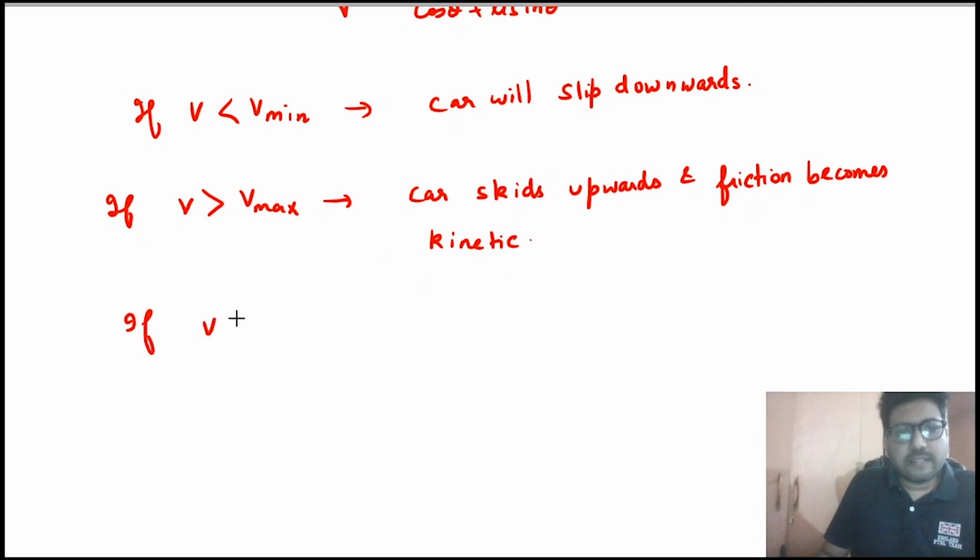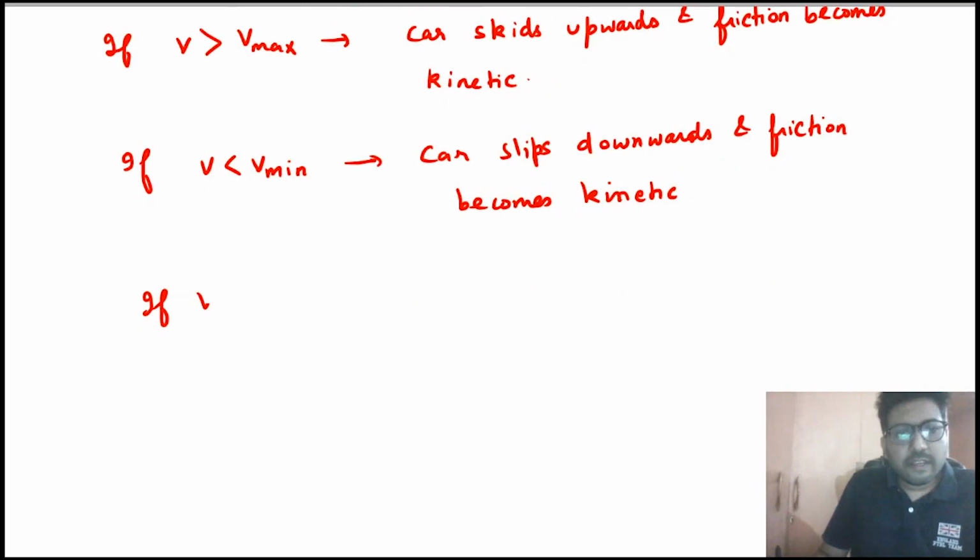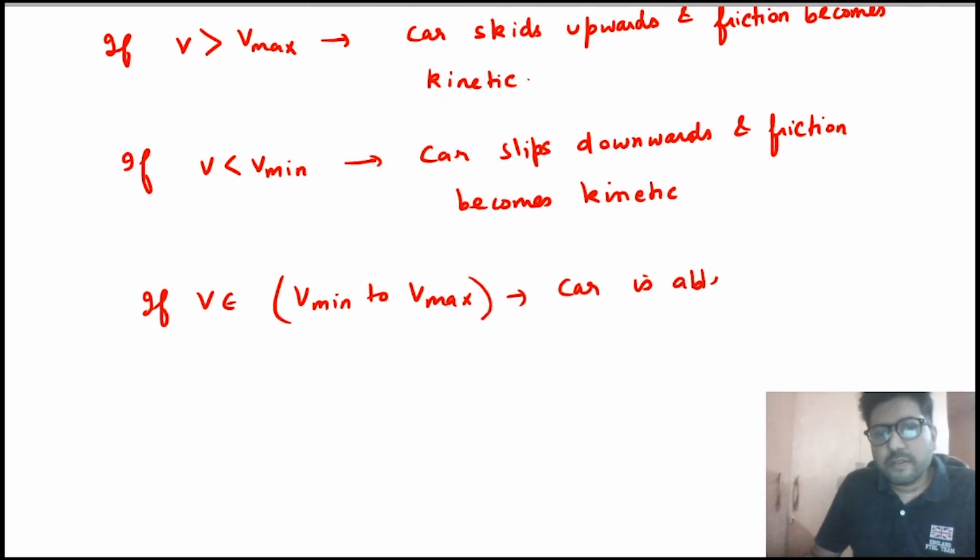If v is less than v min, car slips downwards and friction becomes kinetic. If v belongs to v min to v max, the car is able to take the turn.